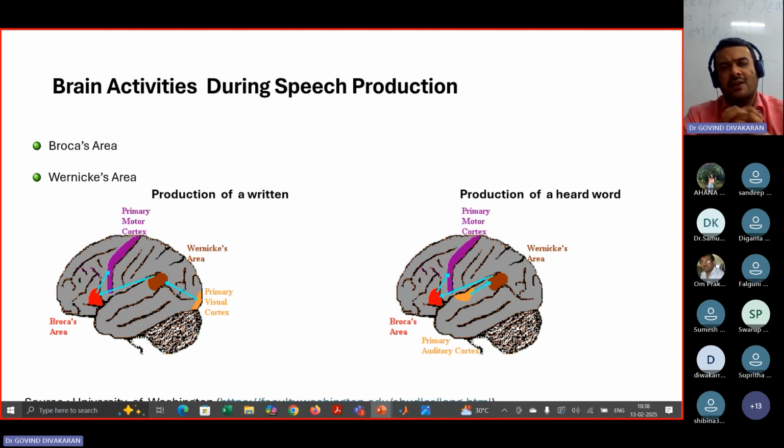If I am seeing this pen, your Wernicke's area is responsible for making you understand that the particular object you are seeing is a pen. If that comprehension is lost, it is a severe condition. We don't have much of a solution there; it is a very challenging situation for the patients.